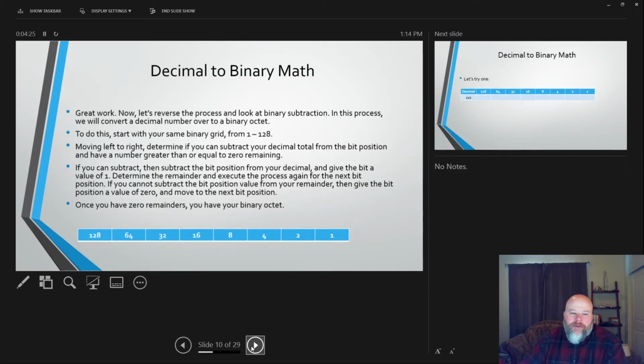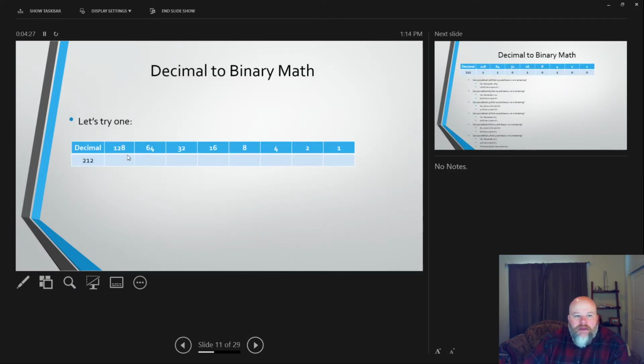So let's look at one. 212. Can we subtract 128 from 212 and have a value of 0 or more remaining? And the answer is absolutely, we can.